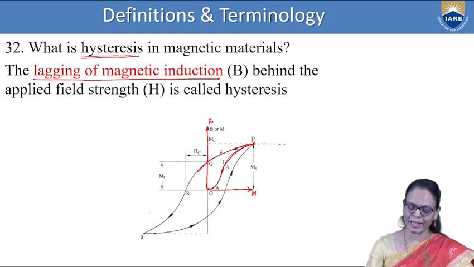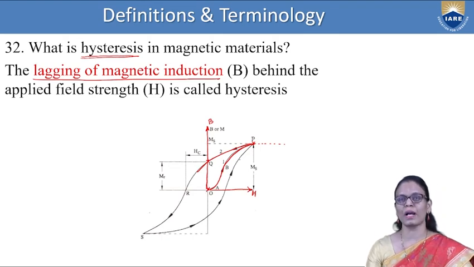At this particular point, the applied field is 0 while withdrawing. Even though the applied field is 0, there is still some magnetism induced in the material. We call it residual magnetism.